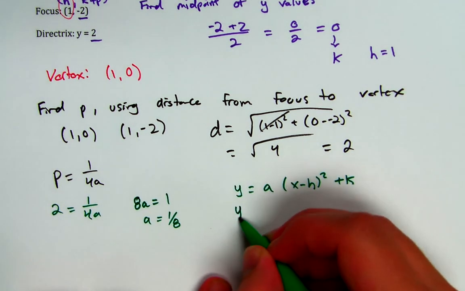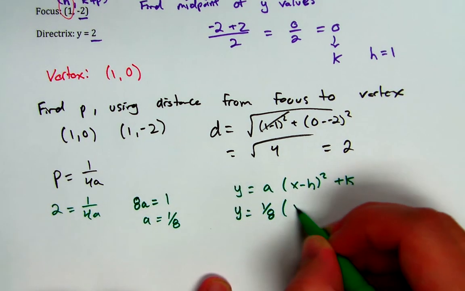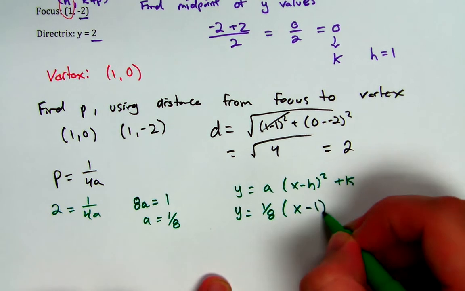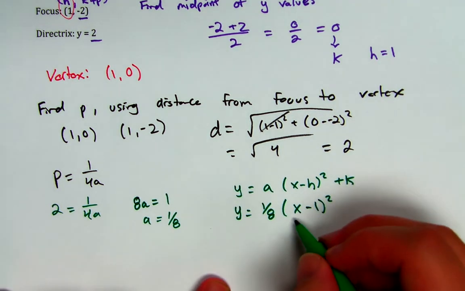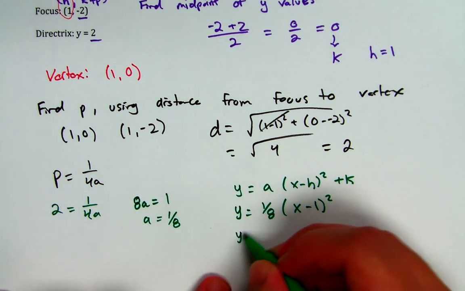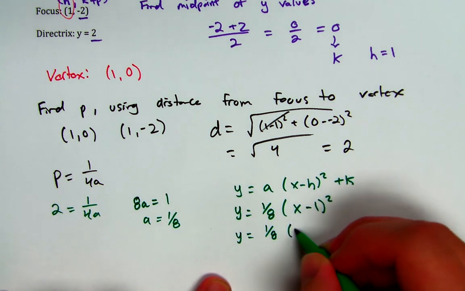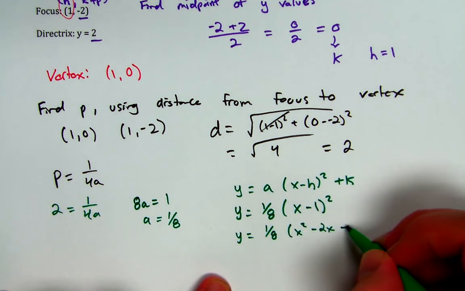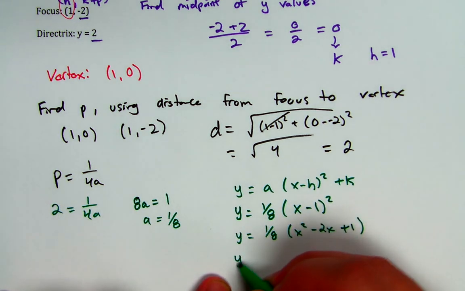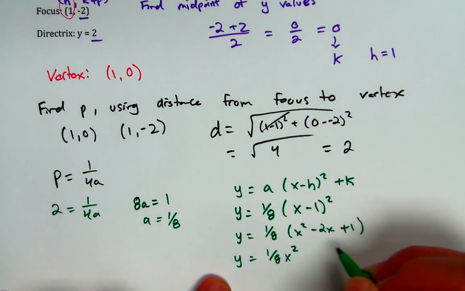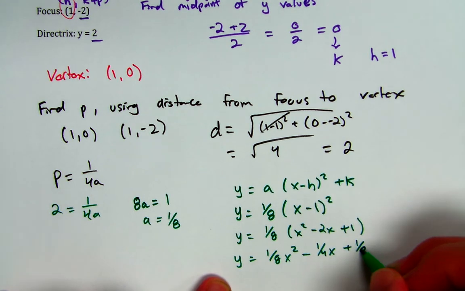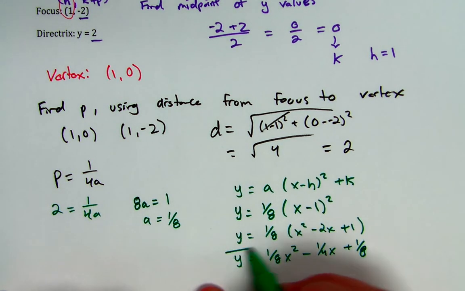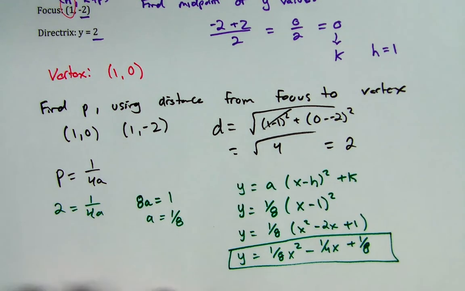So we've got y equals 1/8 times (x minus 1) squared plus 0. And finally expand. Y equals 1/8 times (x squared minus 2x plus 1), and distribute. So y equals 1/8 x squared minus 1/4 x plus 1/8. And after you fully expand that, that is your final equation.